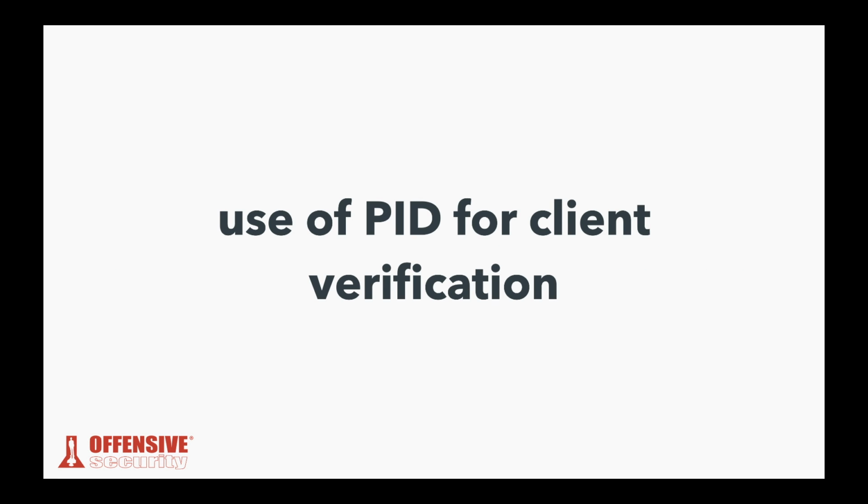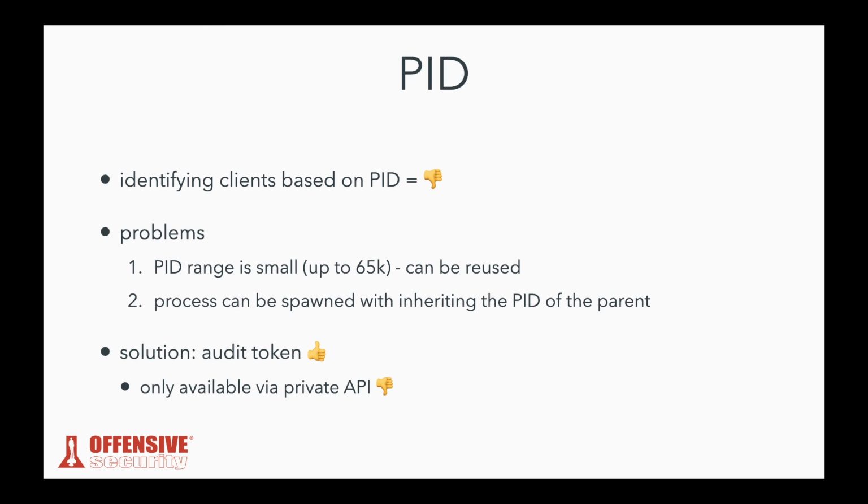And the last typical issue with client verification is the use of process ID for verifying the client. So if we use process ID, that's bad. Why? There are two problems with it. The range is really small for process IDs, so it can be easily reused.